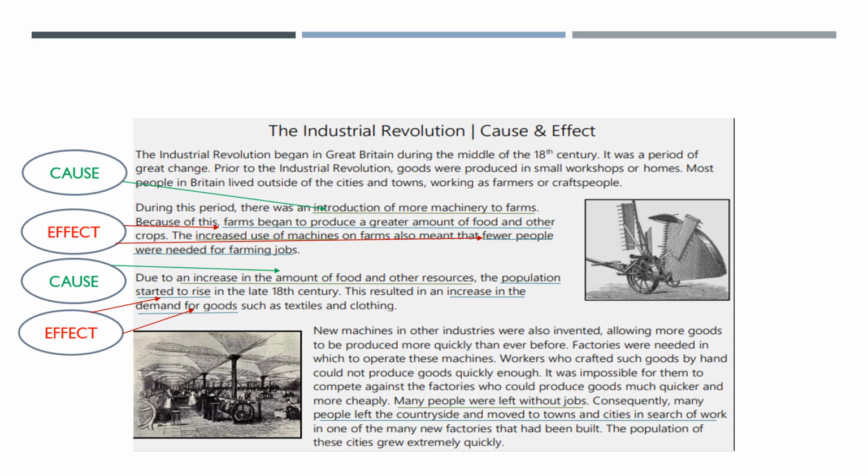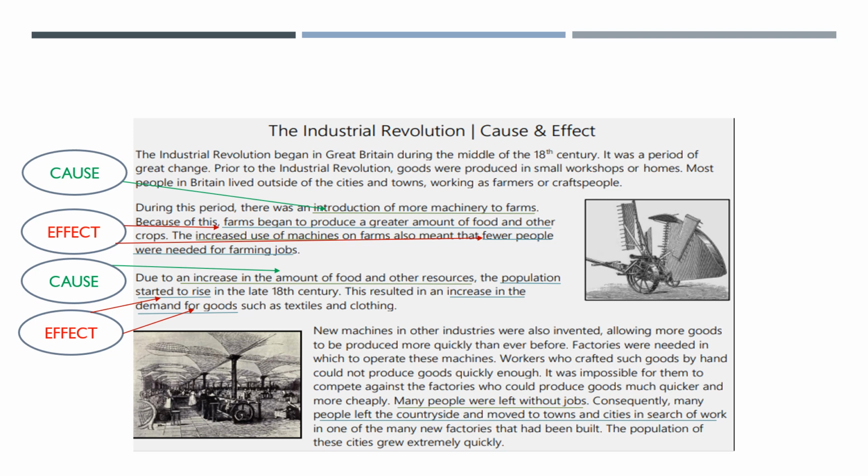Here is an example of a reading text which contains cause and effect. Let's read together. The Industrial Revolution began in Great Britain during the middle of the 18th century. It was a period of great change. Prior to the Industrial Revolution, goods were produced in small workshops or homes.